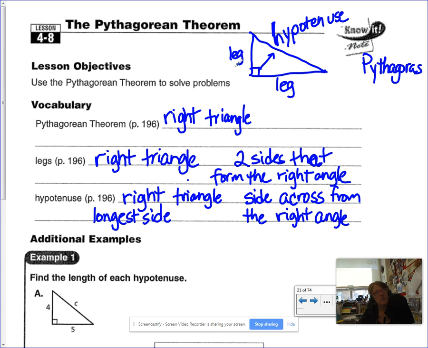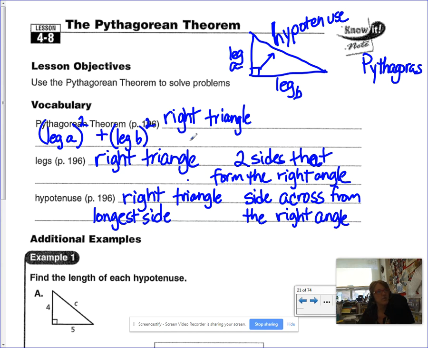One of the legs, I'm going to call this leg A. Okay, so I'm going to write it here. I'm going to say leg A, whatever that length is, take that number and square it. Then let's grab the other leg. Let's call that leg B. Figure out what that length is and square that.